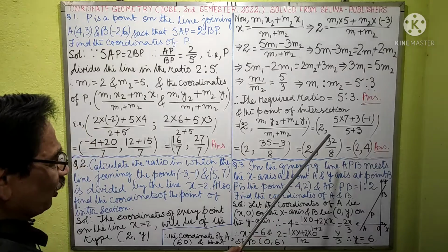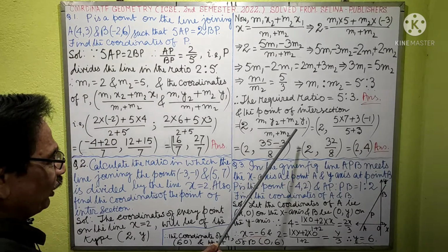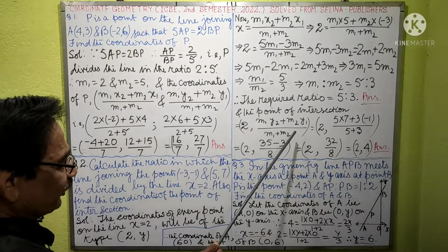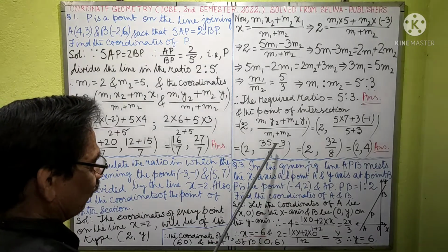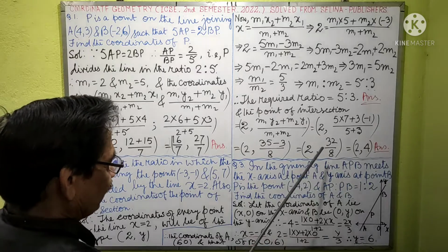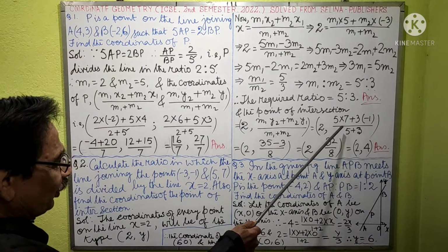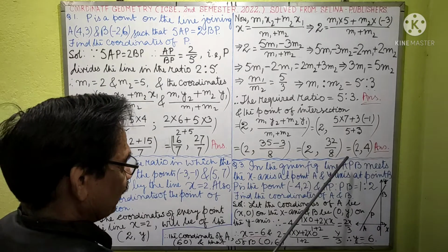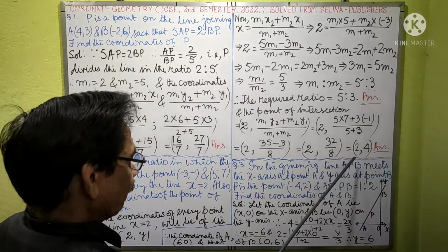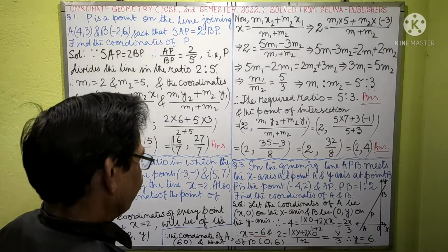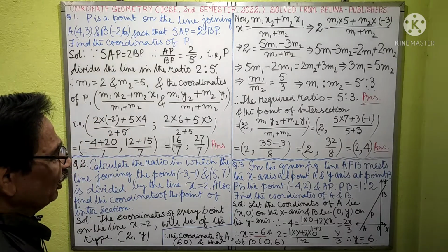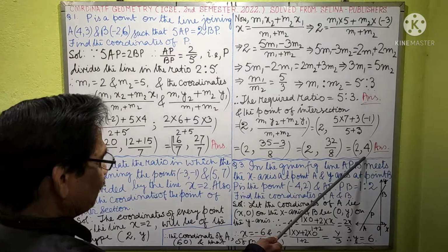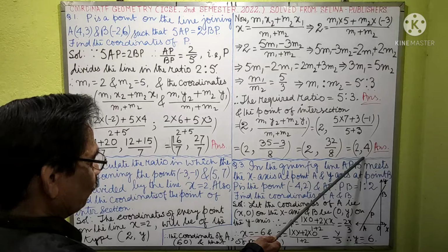Putting the values of y1 and y2, and m1 plus m2 is 5 plus 3, so this is (35 minus 3) by 8, that is 32 by 8. Therefore the point of intersection is (2, 4). This is the required point of intersection.